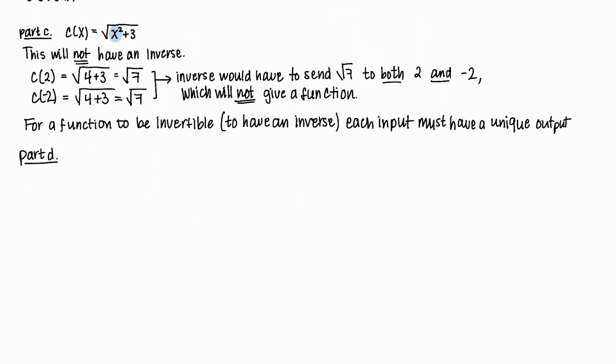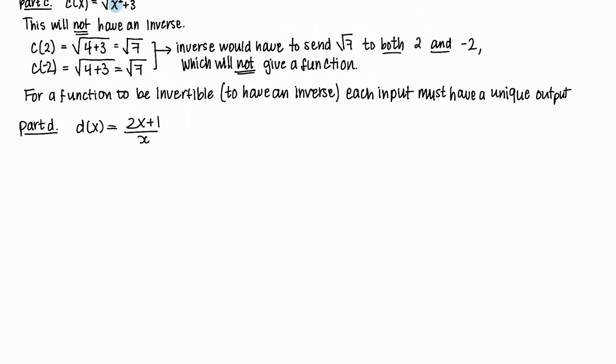gives us that d of x is equal to 2x plus 1 over x. So from what I can tell, this looks like it should be invertible. I don't have an x squared or an x to the 4th or something. So let's try our step-by-step thing. First we're going to write this as y equals 2x plus 1 over x.